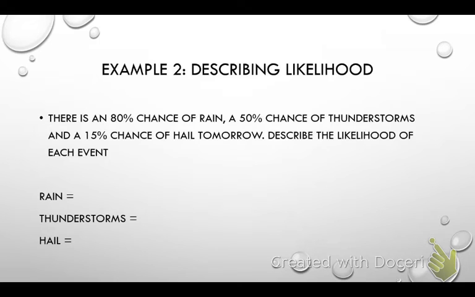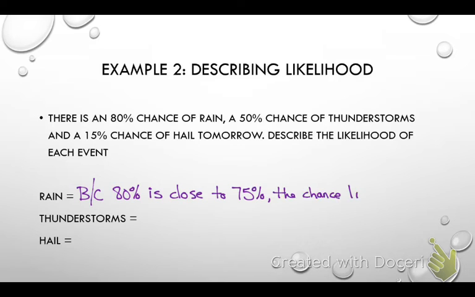Okay, I would take some deviations around that wording, but I would say because it's close to 75%, the chance is likely. And I want you to underline the word that you use as your keyword because that just makes it easier to grade. I see likely, it jumps out at me. I know it's a complete sentence and I know you got it right.